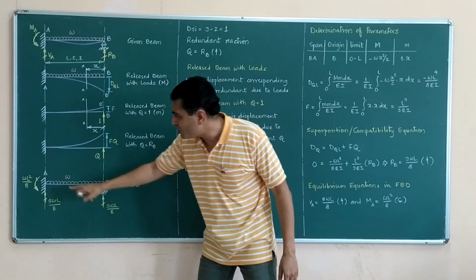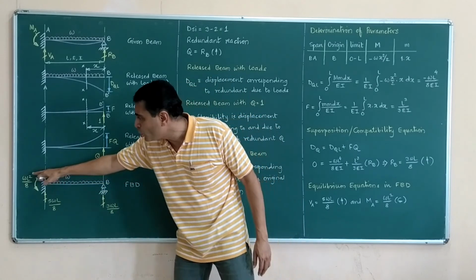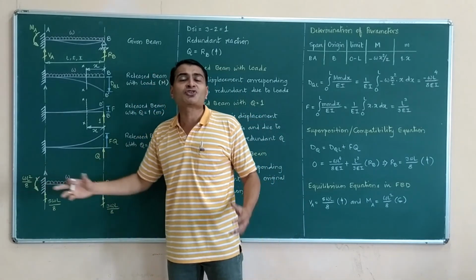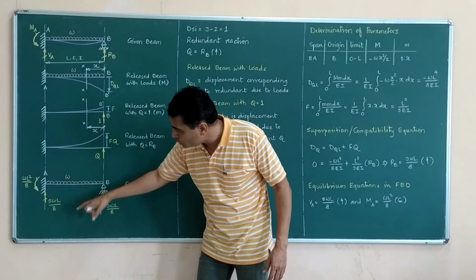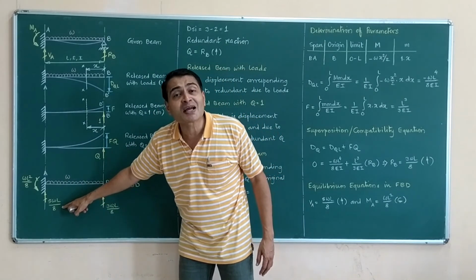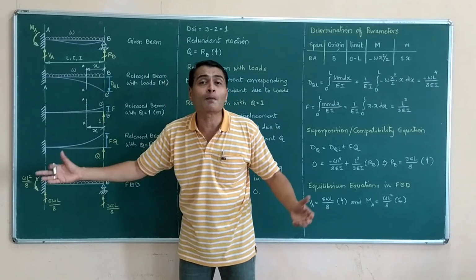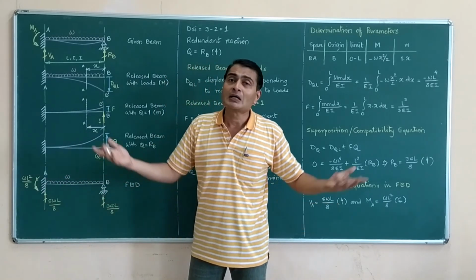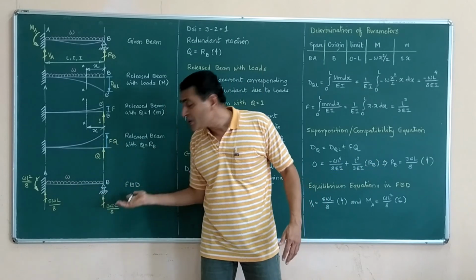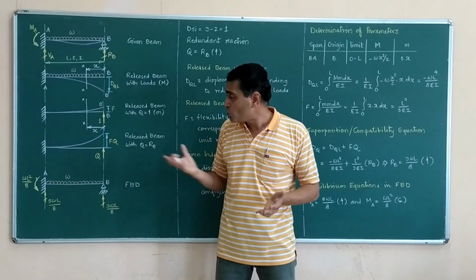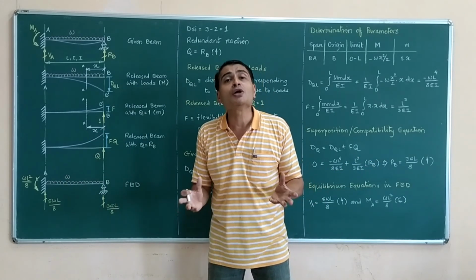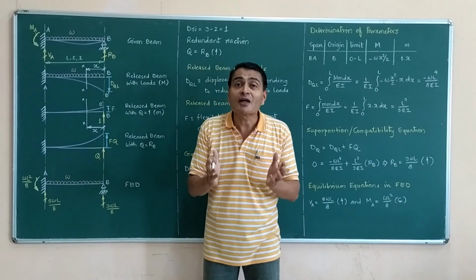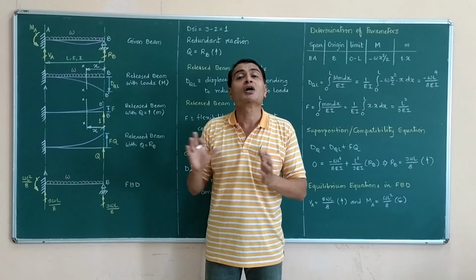Simply apply sigma M about A equal to 0, you will get MA as wL squared upon 8, and simply apply sigma Fy equal to 0, you will get this reaction as 5wL upon 8. Great! You know all the unknown reactions. You can directly go for SFD, you can go for BMD, you can draw, you can determine whatever you want for this beam.